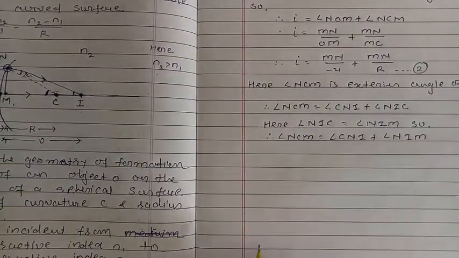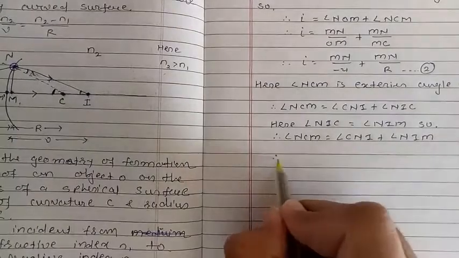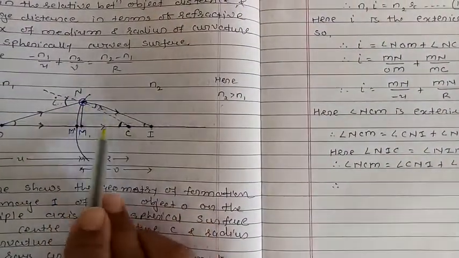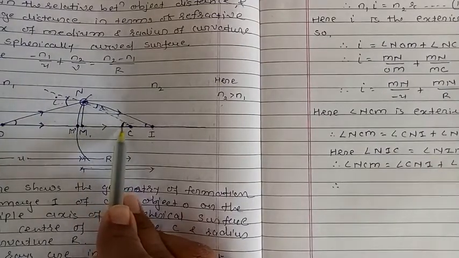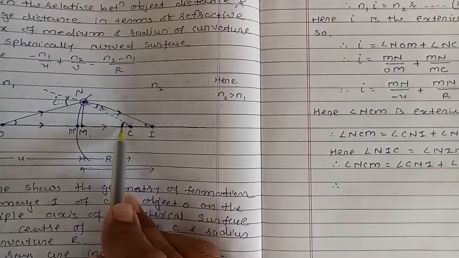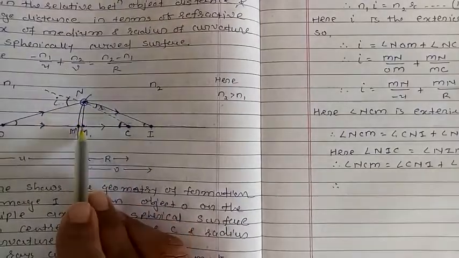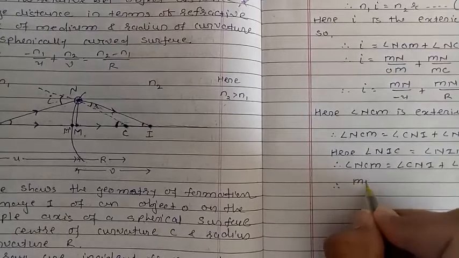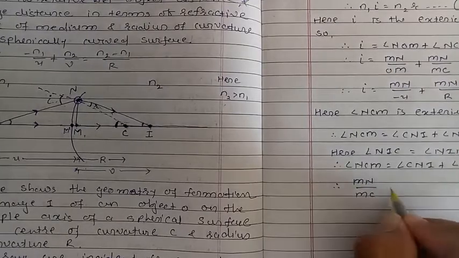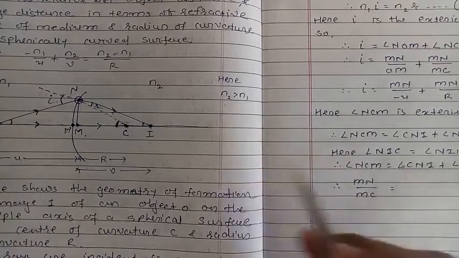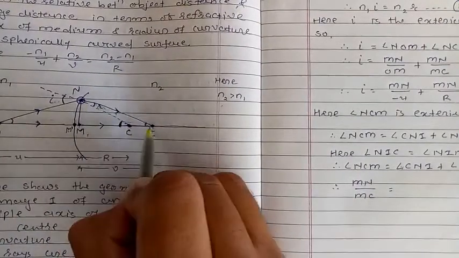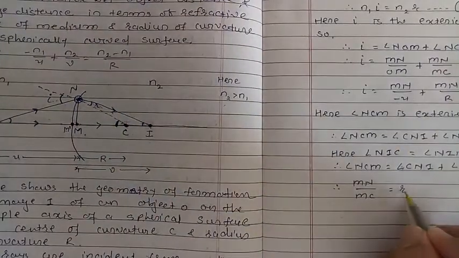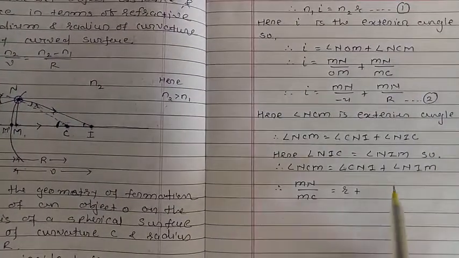Now angle NCM. Once again, the angle is very small, so it is equal to tan theta. Opposite side is MN, adjacent side is MC. So we can write that MN upon MC is equal to angle CNI, this angle is R, plus angle NIM.